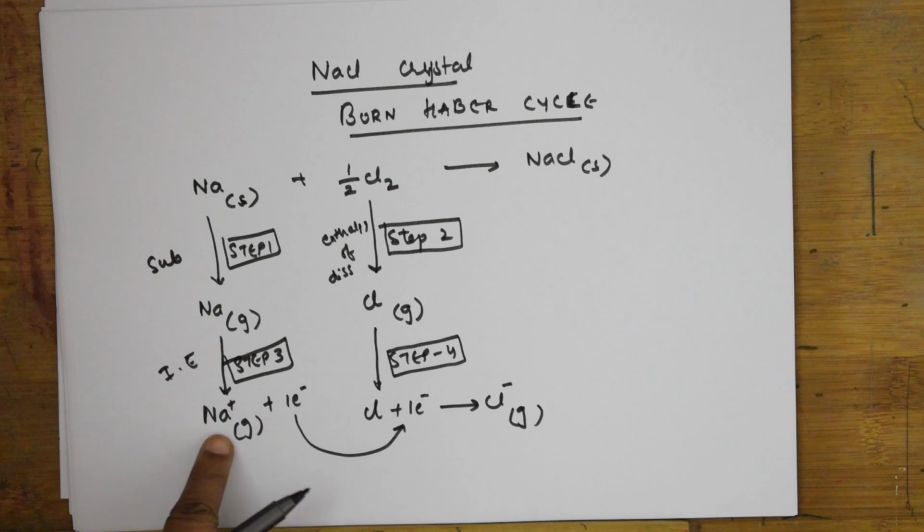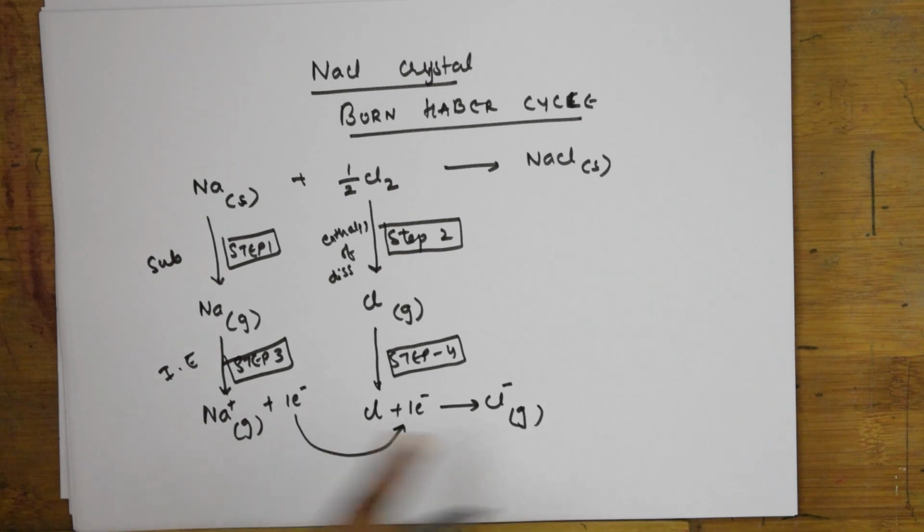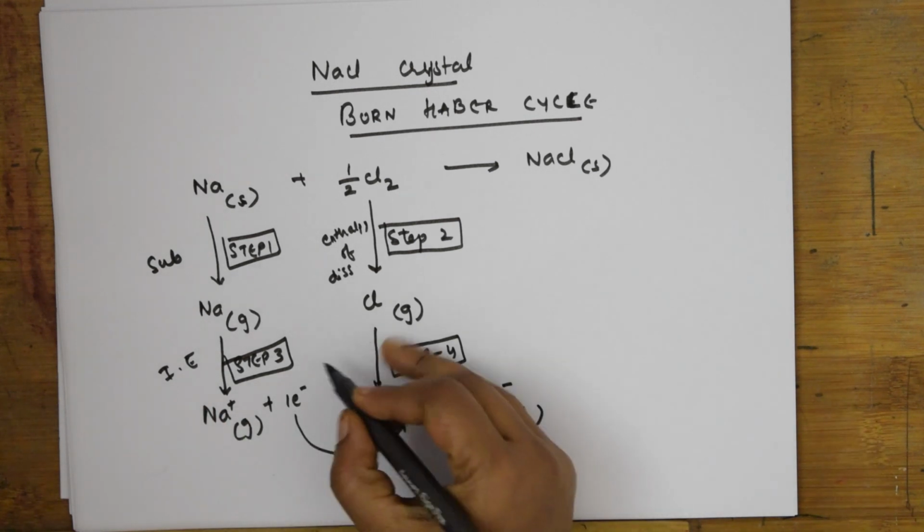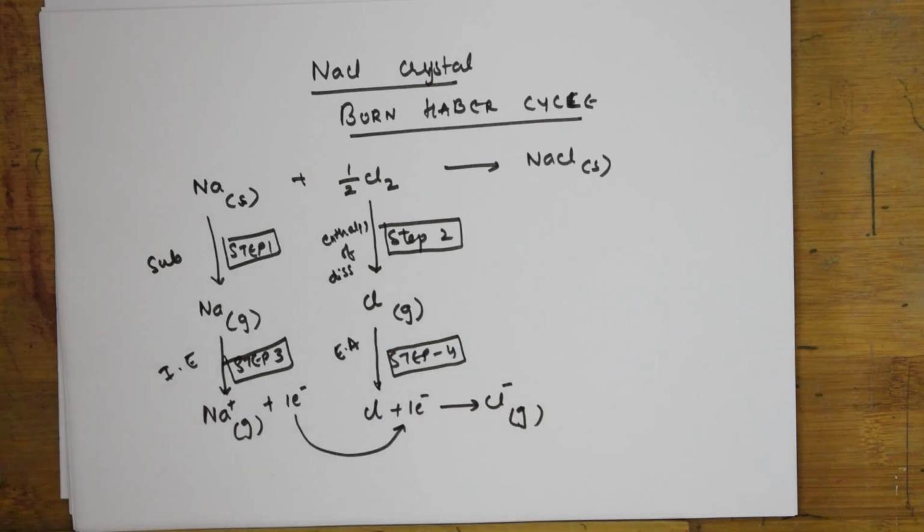Now this is sodium cation, a gaseous ion, and chlorine anion, a gaseous ion. Energy is released here. The process of releasing an electron is ionization enthalpy. The process of accepting electrons is nothing but electron affinity.